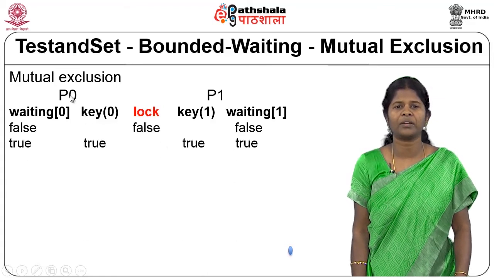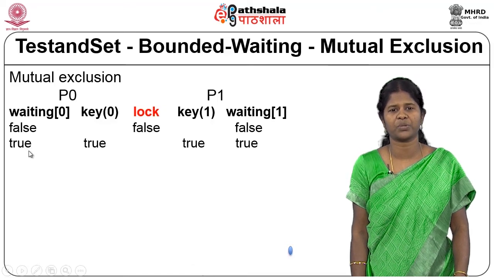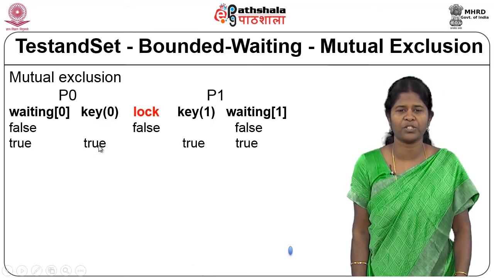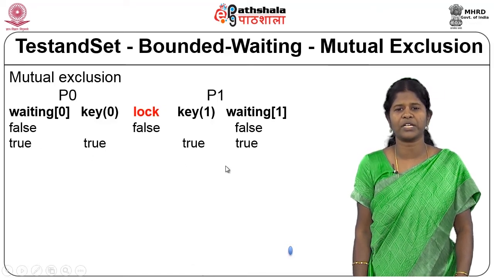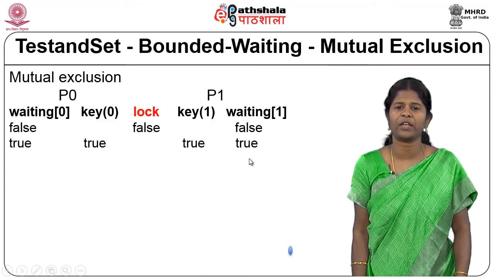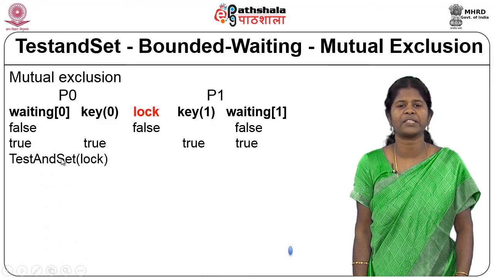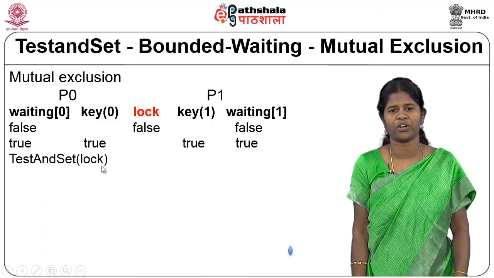And now P0 wants to enter the critical section. So, it changes the value of waiting to true, and it changes its value of key to true. P1 also wants to enter the critical section, it changes its value of key to true and its value of waiting to true. And P0 first executes test and set of lock.